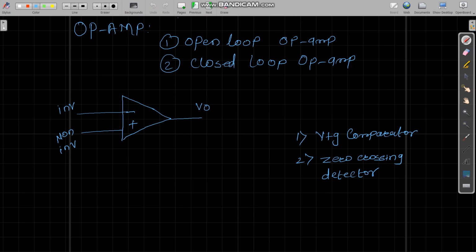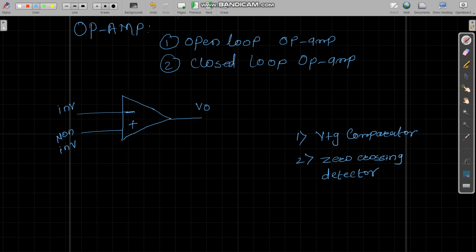Of these two input terminals, the terminal with the negative sign is called the inverting input, and the positive terminal is called the non-inverting terminal, and V0 is your output. Then why this is called inverting and non-inverting, that we have to see.